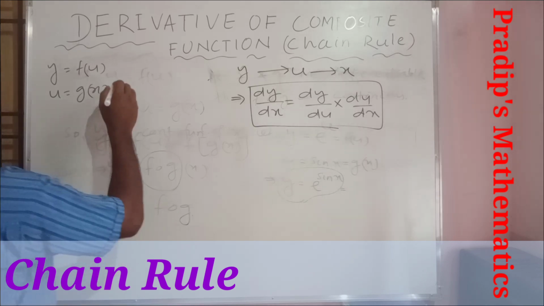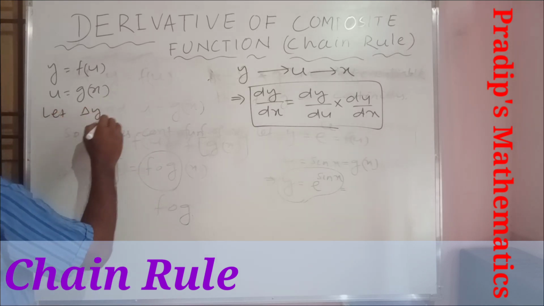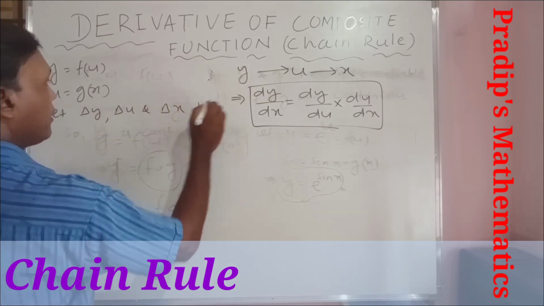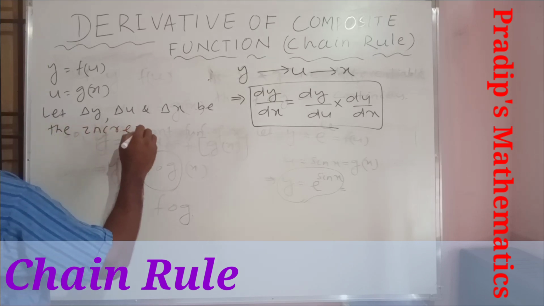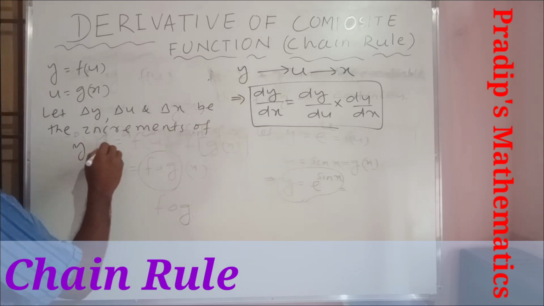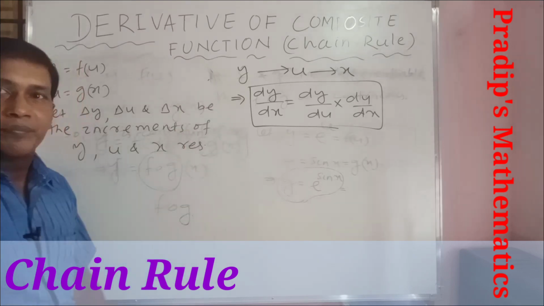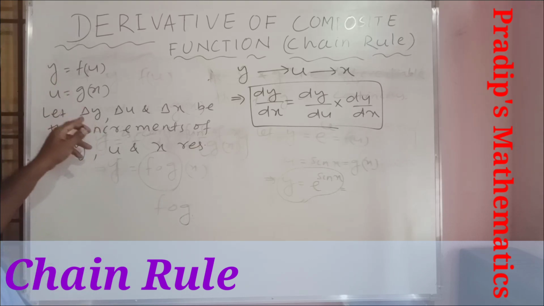Let del y, del u and del x be the increments of y, u and x respectively. These are the small changes, small increments of y, u and x.